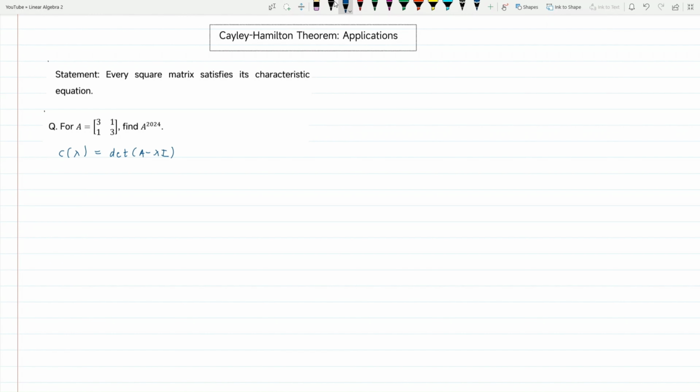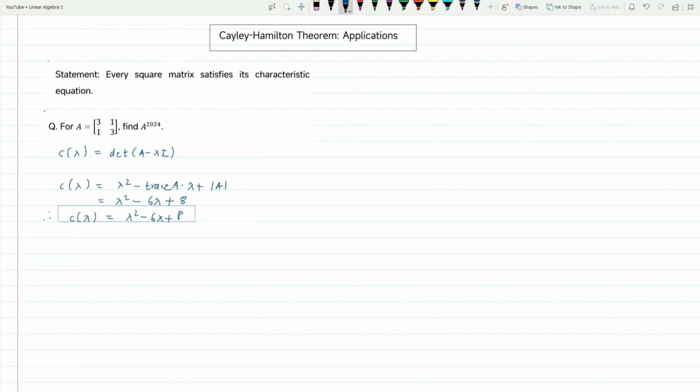Since A is a 2 by 2 matrix, we could use the shortcut method, where C(λ) = λ² minus trace of A times λ plus determinant of A. So that would be λ² minus, in this case the trace is 3 plus 3, which is 6, λ plus the determinant of this matrix A. Thus we have the characteristic polynomial of A: C(λ) = λ² − 6λ + 8.